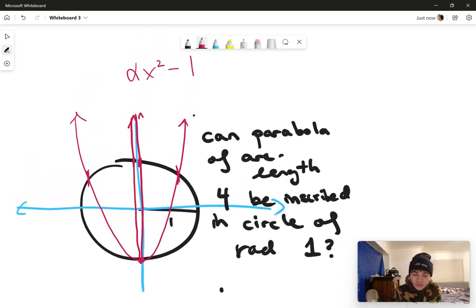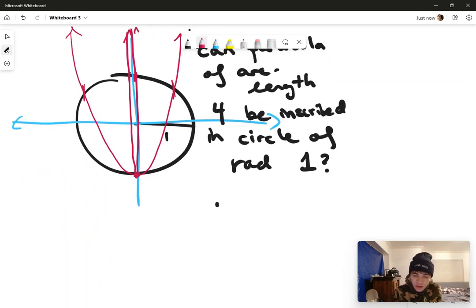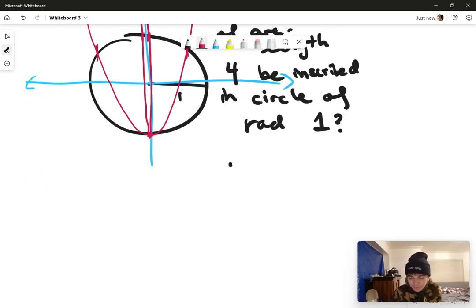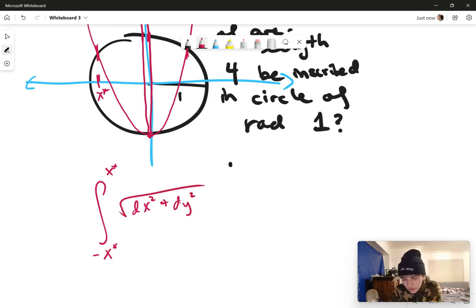If we set up the parabola to be alpha x squared minus 1, then the arc length of this parabola within the circle is going to be the integral from negative x star to x star, where I set x star to be the point of intersection with the circle. Then we have the square root of dx squared plus dy squared. Well, this is our arc length formula.